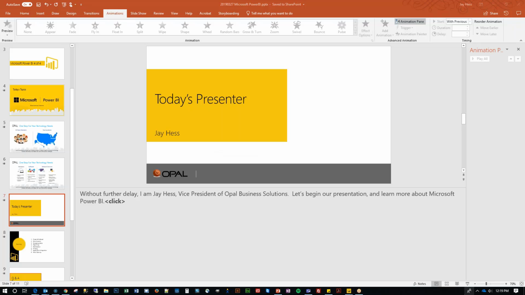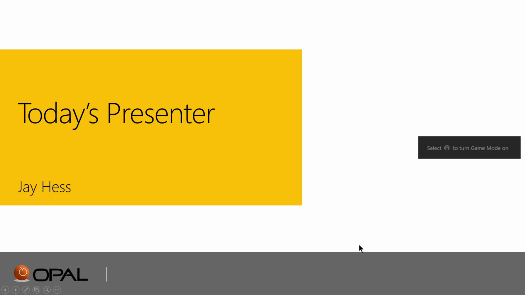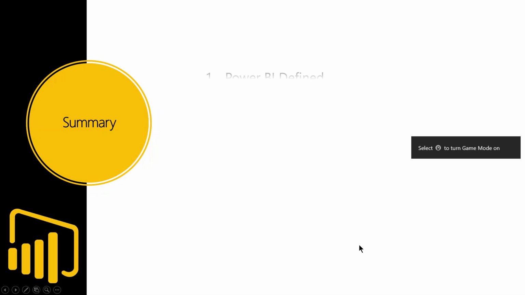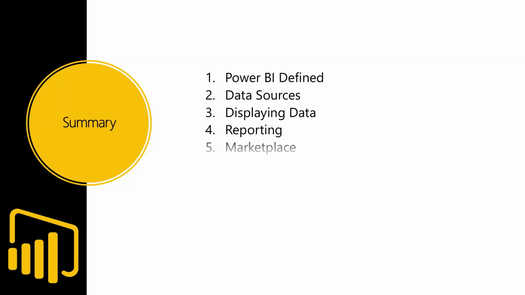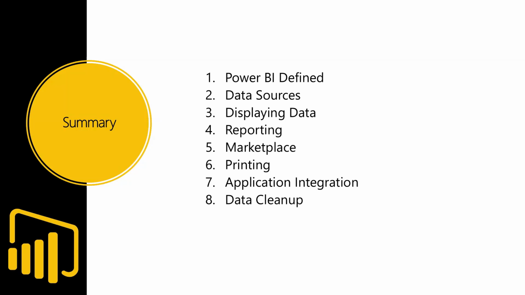So with that said, I'd like to just jump back in here into the presentation and just summarize what we talked about over the last 4 sessions. We learned about Power BI, what it is, and how it can help your business succeed. We also discussed how to connect to different data sources. We showed you how to display some of the data.